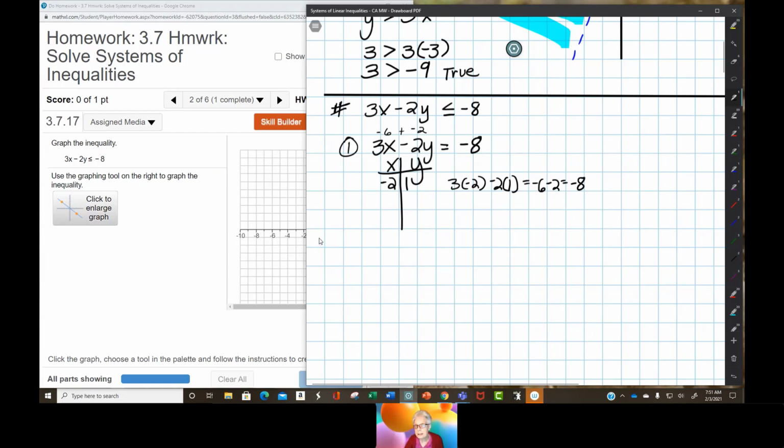Now I have to come up with something different. I would really like, if it's possible, to have 3x equal something, so that when I divide by 3 and divide by 3, 3 will go into this evenly.